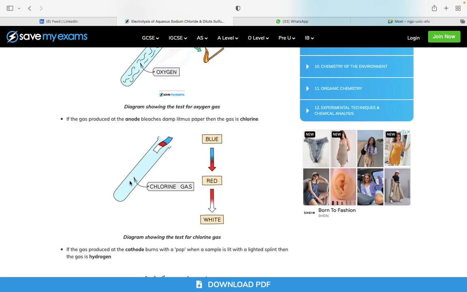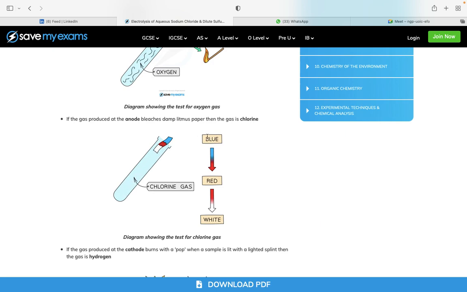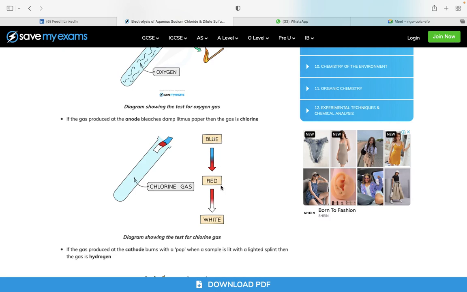So the gas here is chlorine. You can see the lower segment is changing to white, and if you leave it longer, everything will eventually turn white. Is that okay?